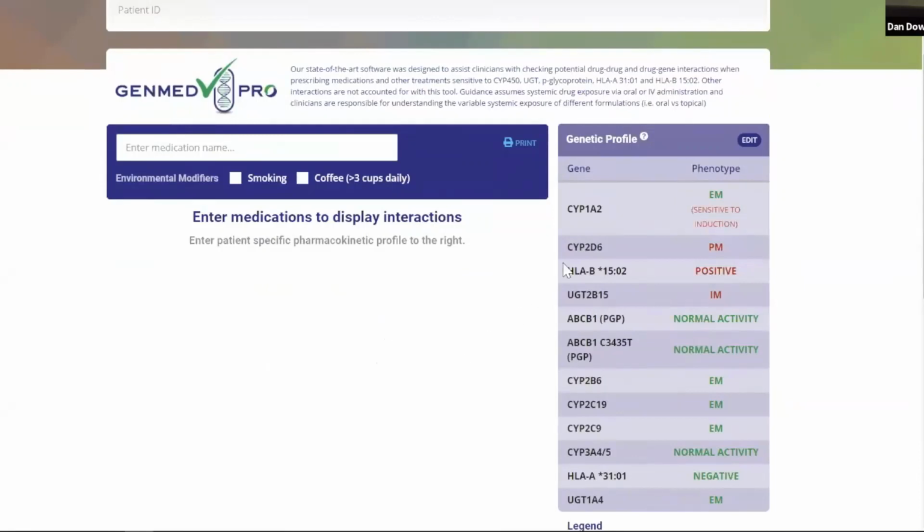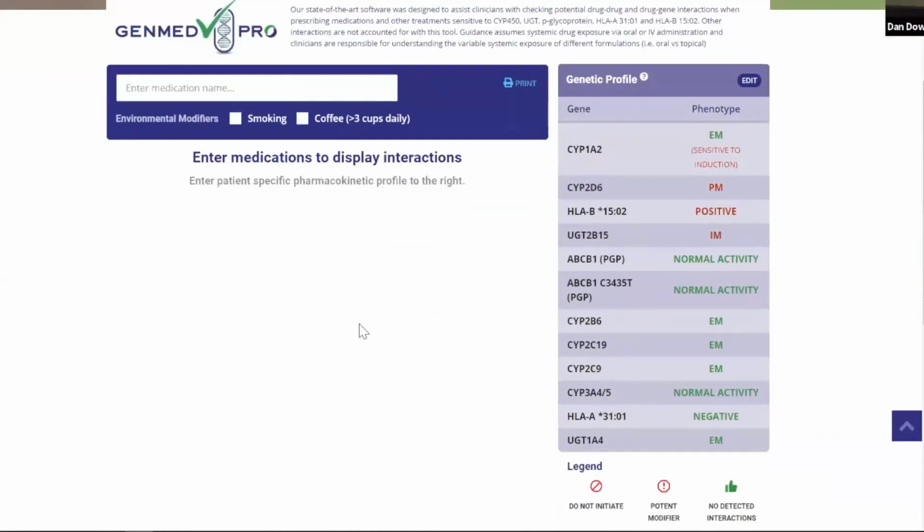So this is a person who has a non-functional 2D6 enzyme, who's HLA-B positive, meaning they have a higher risk of skin reactions with certain medications, and they have this UGT gene, which affects some of the benzodiazepines. Put a pin in CYP1A2 for now. We'll come back to that in a moment.